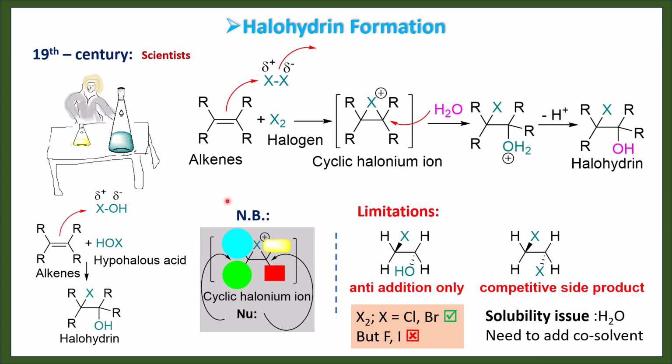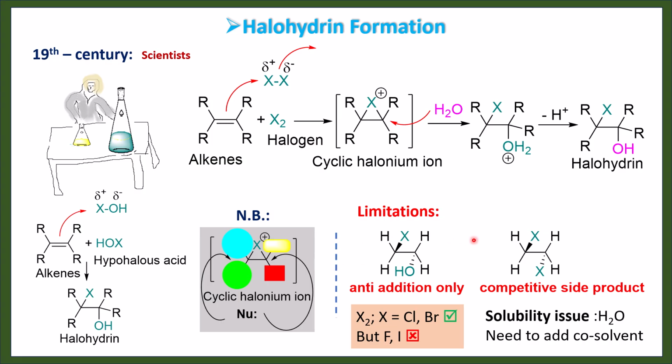And interestingly, we could note that in this cyclic halonium ion, the nucleophile, meaning the solvent, here water, can add on either side, but the nucleophile attacks the side where there is a possibility of formation of the more stable carbocation. So only on that side does the nucleophile undergo addition.